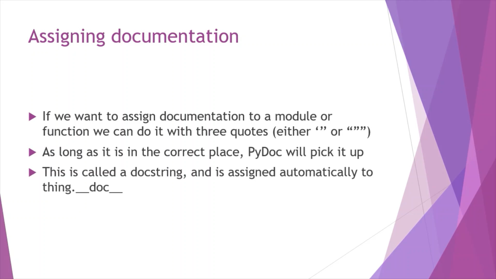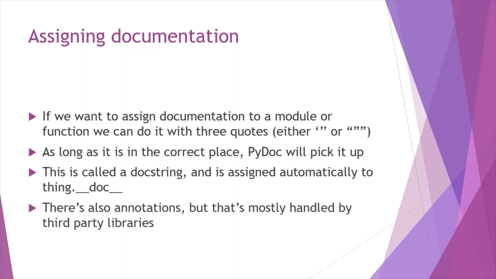It's called a doc string and is assigned automatically to thing.__doc__. So you can document a function, a module, or a class. I know we've not been through classes yet, but you guys should maybe understand a little bit about them already. There's also annotations, but that's mostly handled by third-party libraries, and I've not seen this come up in the exam.